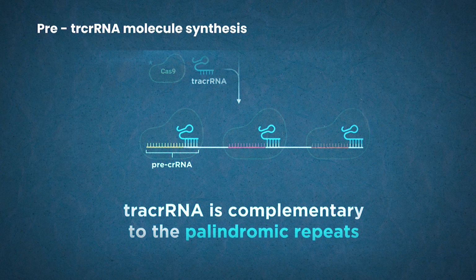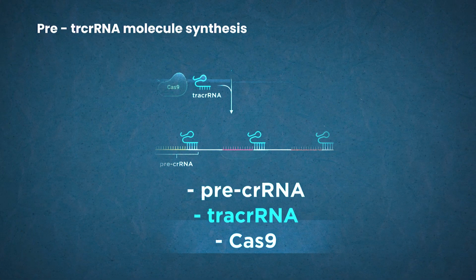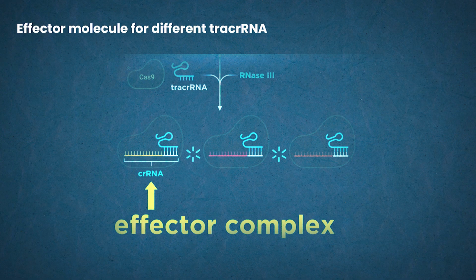Every different palindrome has a different tracrRNA molecule associated with it. So in the complex you have pre-crRNA, tracrRNA and Cas9 protein. All these three work together and form the effector complex.